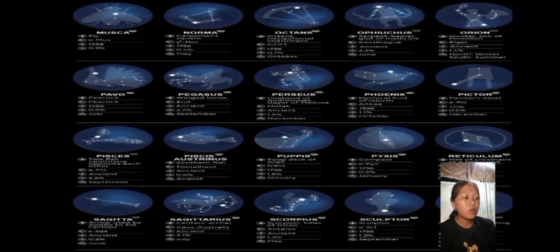Sagitta, arrow used by Apollo to kill the Cyclops. And Sagittarius, the centaur archer. And then Scorpius, the scorpion, killer of Orion. Sculptor. And Scutum, a shield honoring King John III.